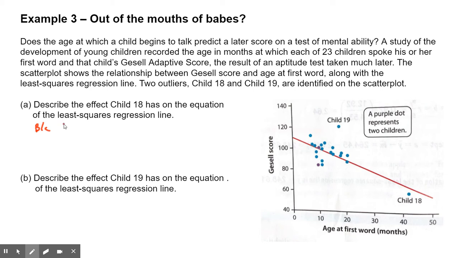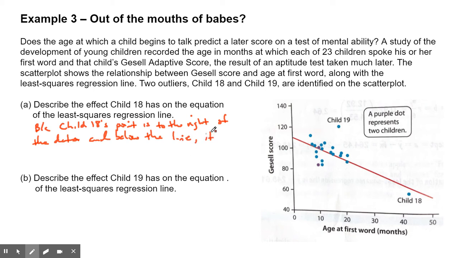Because child 18's point is to the right of the data and below the line, it makes the regression line more steep.